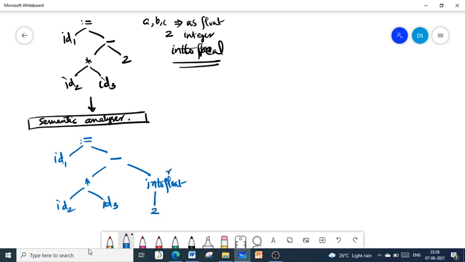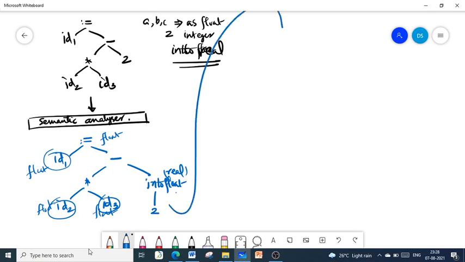Then 2 is given. So all these values are now float, and the result we obtain will also be a float value. This type checking is done by the semantic analyzer. This will be given as the input to the next phase, which is the intermediate code generator.